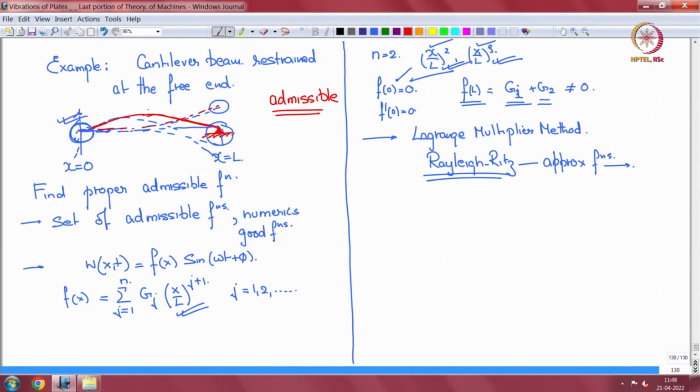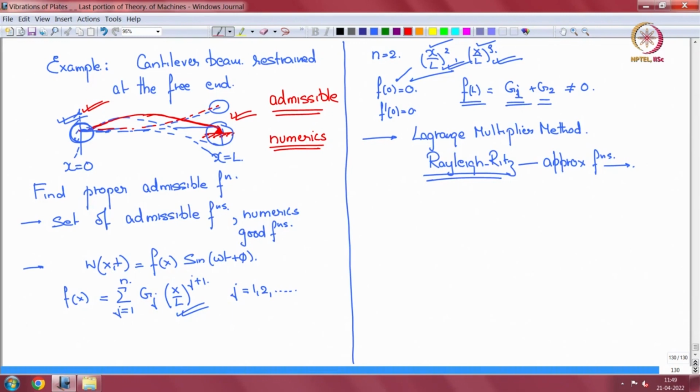Now it can be tricky to find admissible functions for the conditions here, and let's say you find them, this is a simple enough system, then they may not be good for numerics. Numerics may suffer. That is the next challenge, which is not so much the focus in this lecture. This is a basic set of lectures, but that is one thing you need to keep track of.